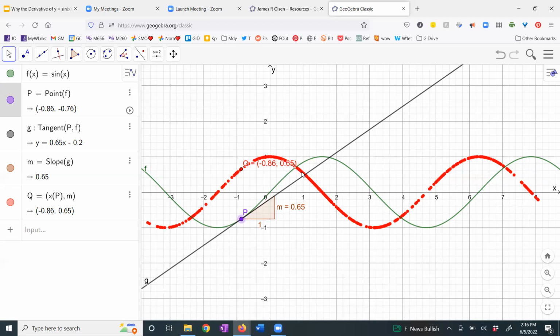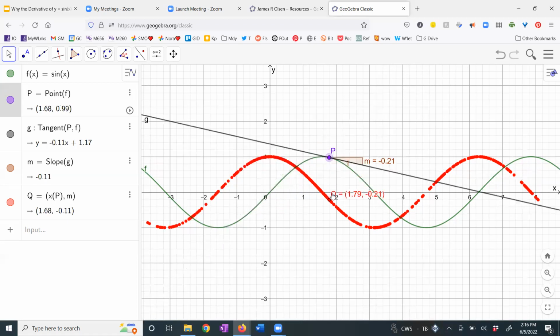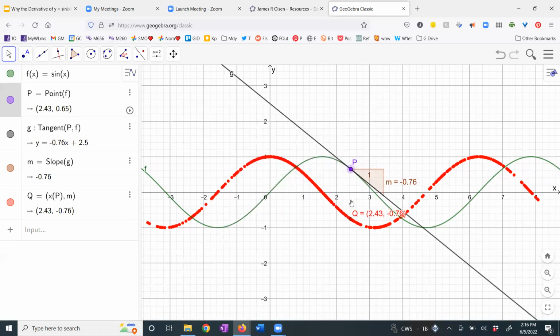It's positive in the first quadrant, going to 0 here at pi over 2, negative in the second quadrant, negative in the third quadrant, and positive here in the fourth quadrant. It's a thing of beauty. We could do a lot more with this. We could talk about inflection points and concavity and so on, but I think maybe that's enough at this particular point.